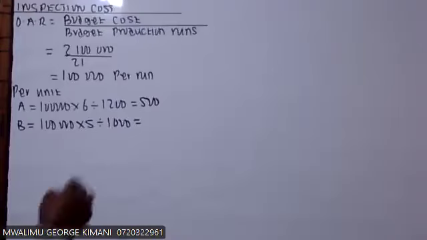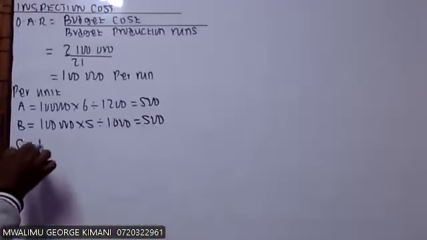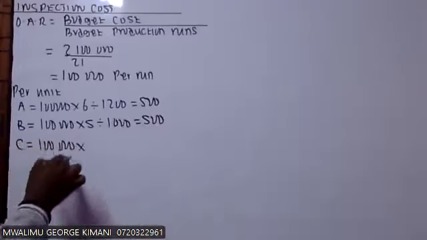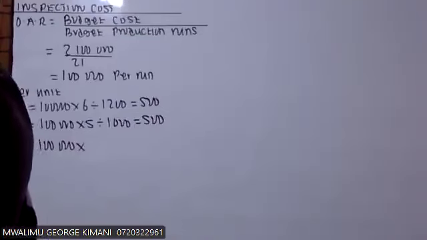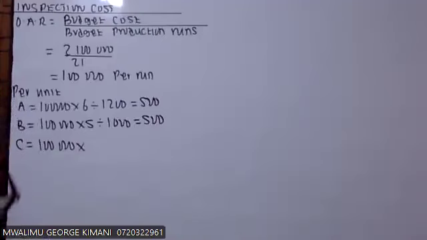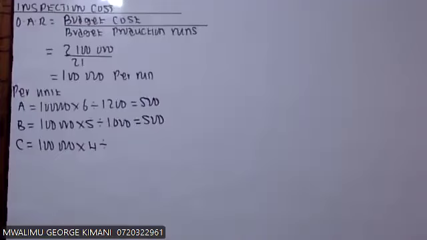Or it's also 500. C, 100,000 times 4. You divide by 800.